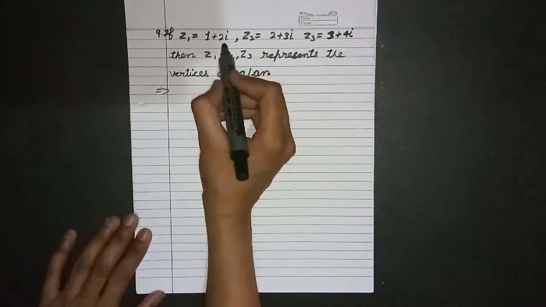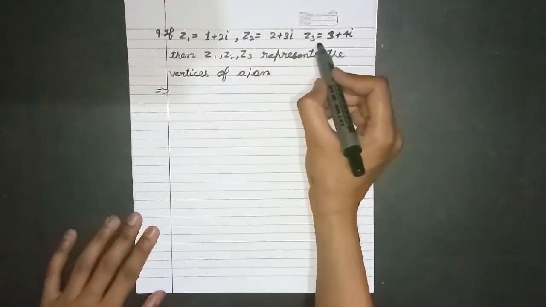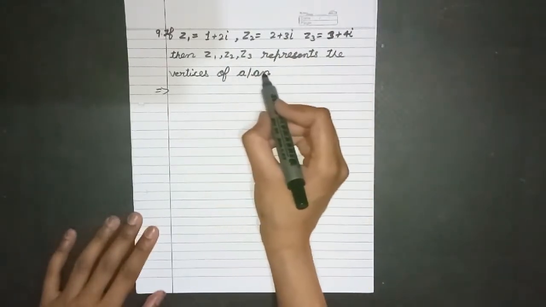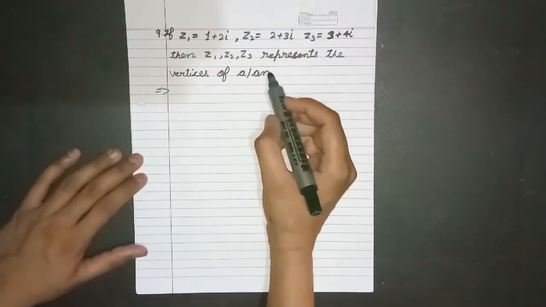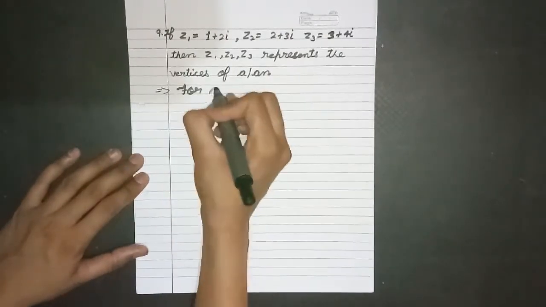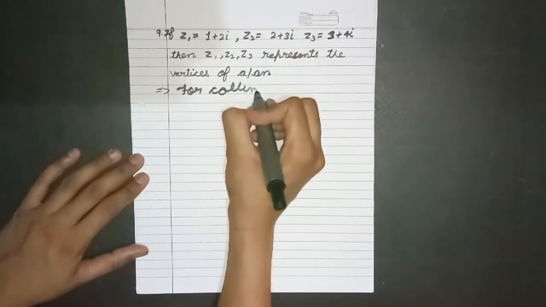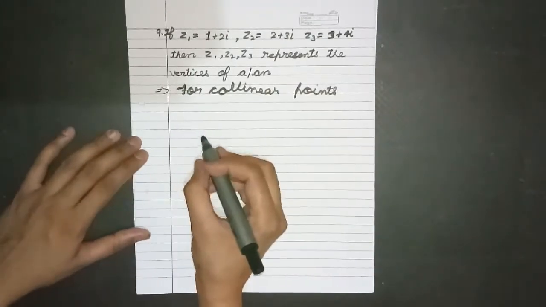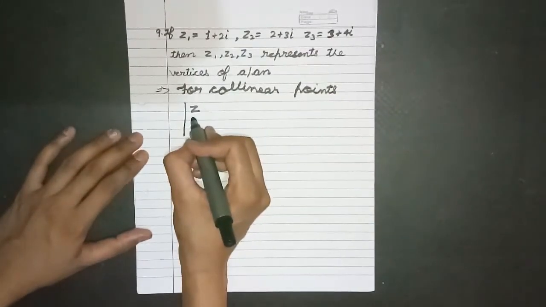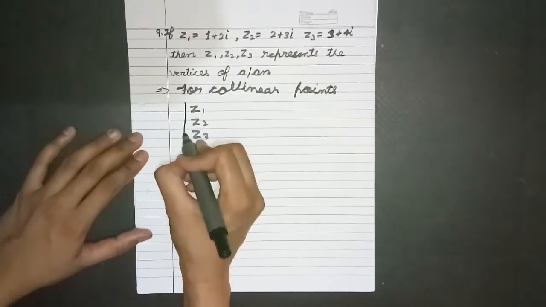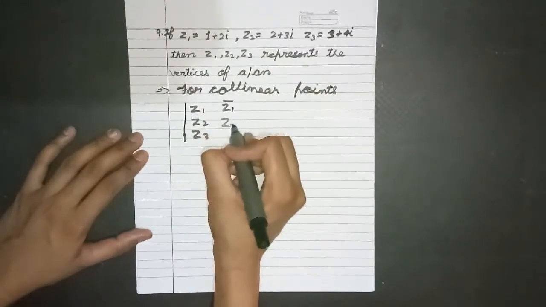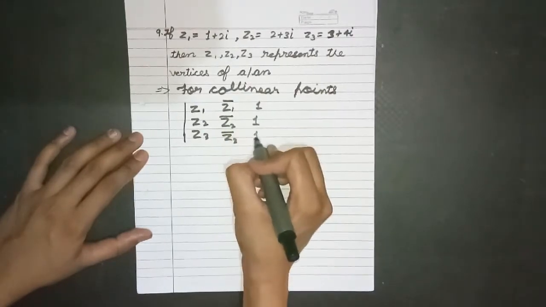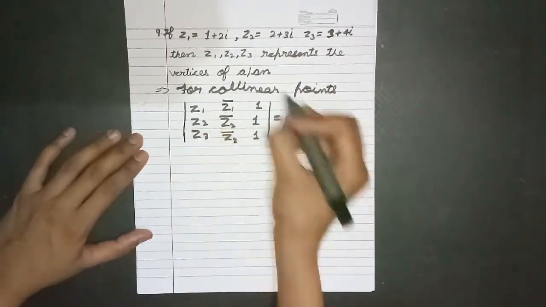Example 9: if z1 is equal to 1 plus 2 iota, z2 is equal to 2 plus 3 iota, z3 is equal to 3 plus 4 iota, then z1, z2, z3 represent the vertices of an... So for collinear points, we know that the determinant of z1, z2, z3, z1 conjugate, z2 conjugate, z3 conjugate, and 1 1 1 is equal to 0.